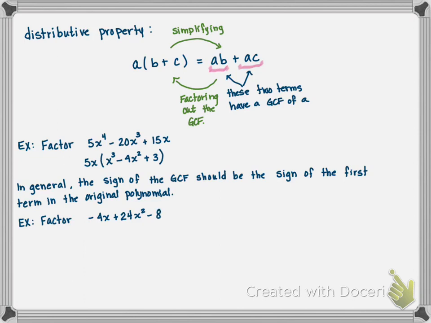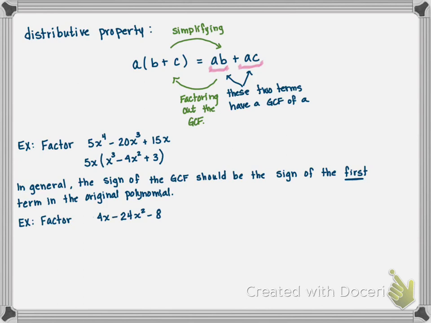So now we have to talk about what this word first means, because I could write the same exact polynomial with the terms in a different order. Wait, I have to change something. I'm sorry, I wrote it backwards.